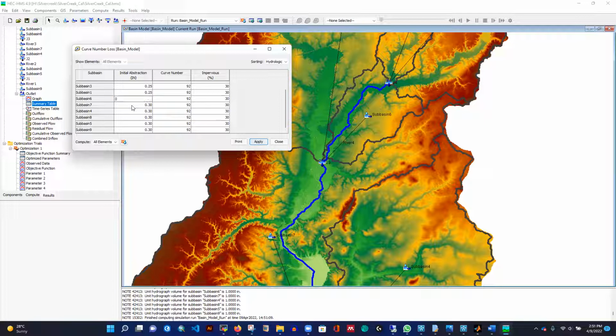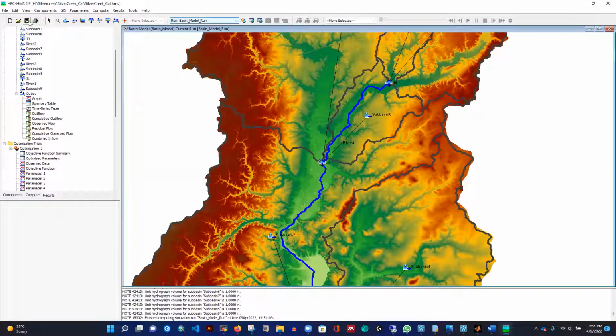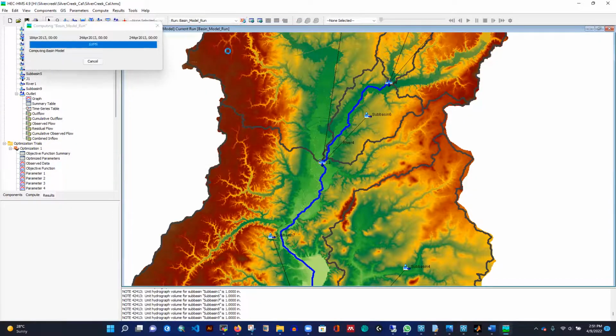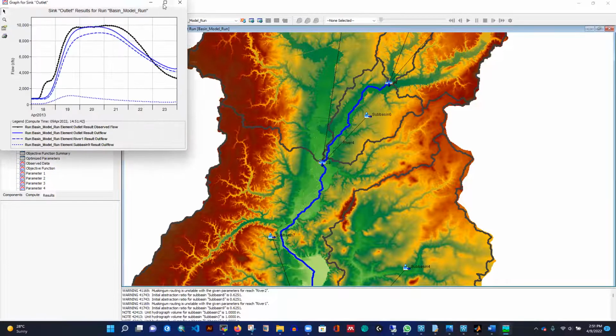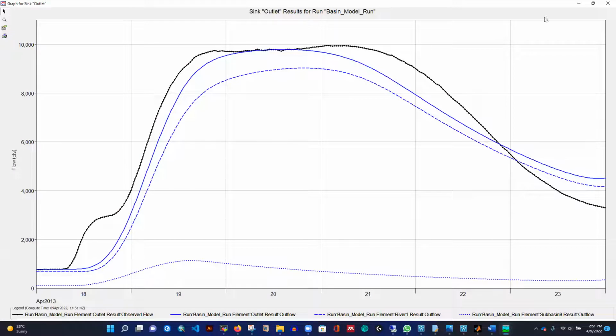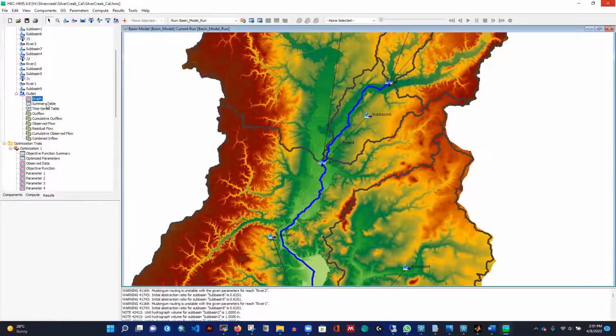So reduce that to 0.25, reduce that to 0.25, and for 4 and 7 as well, 0.25. Okay, so let's save the model and run it. Hopefully it is going to work this time. Okay, so it reduced the gap, it pretty accurately touched the peak, and we can see the improvement there.